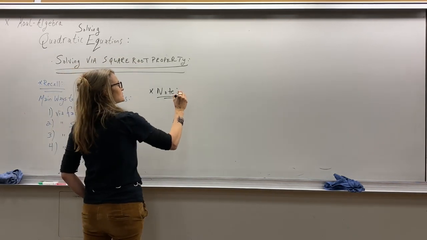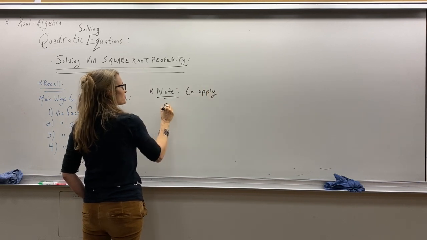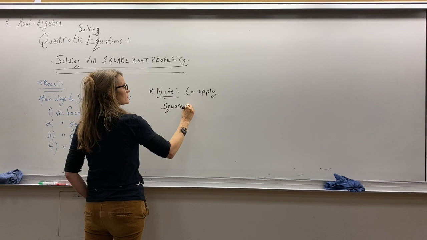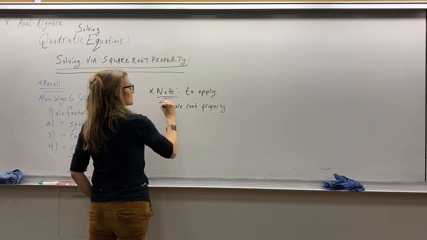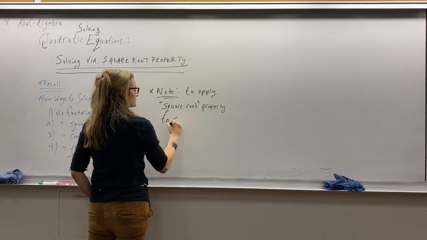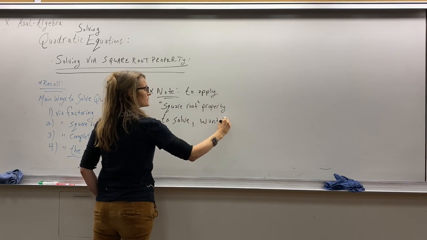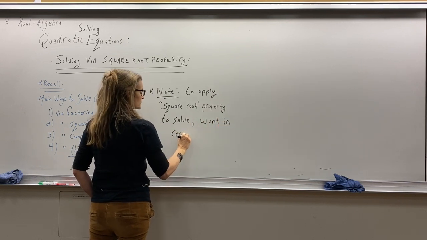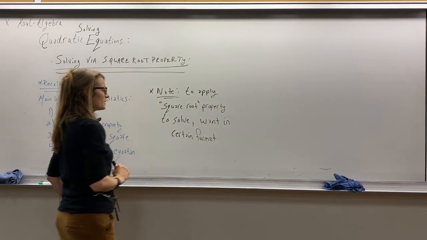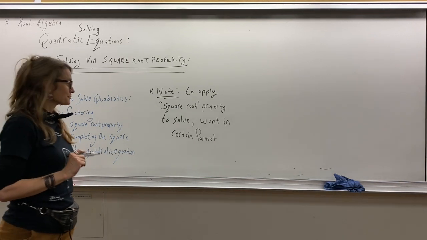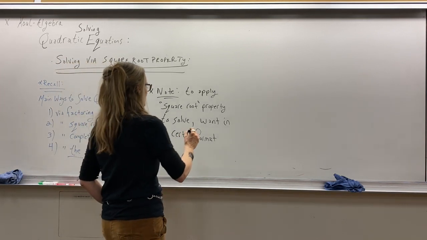So note, to apply the square root property, to solve, what we want is in a certain form, certain format. Otherwise, we have to apply different techniques like completing the square or the quadratic equation. So we wanted a certain format.